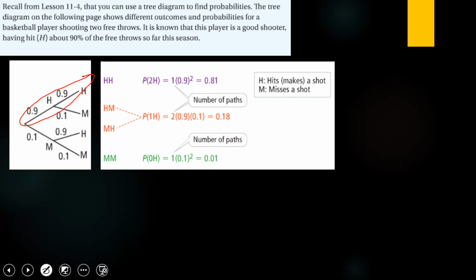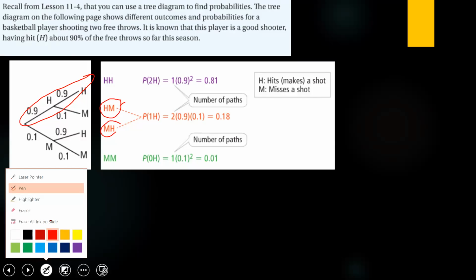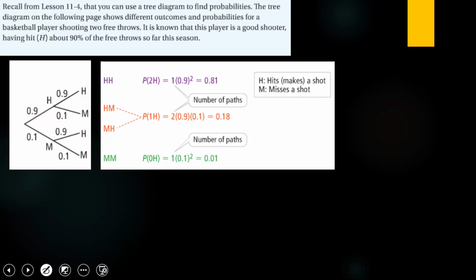Now, the probability of exactly one hit. What does it mean? That means one of them is a hit and the other a miss. It could be hit-miss, or miss-hit. Where are they? Let's see here. They are here. Teacher, they say just one hit.